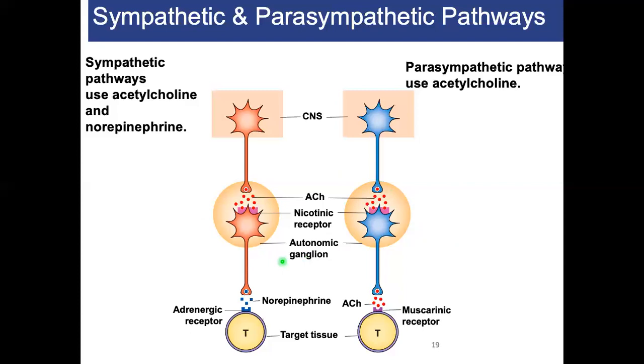Where are they different then? The sympathetic nervous system is going to release norepinephrine onto adrenergic receptors on the heart and GI tract and cause some type of response there. Whereas in the parasympathetic nervous system, acetylcholine is going to bind to muscarinic cholinergic receptors on the target organ and cause a response.